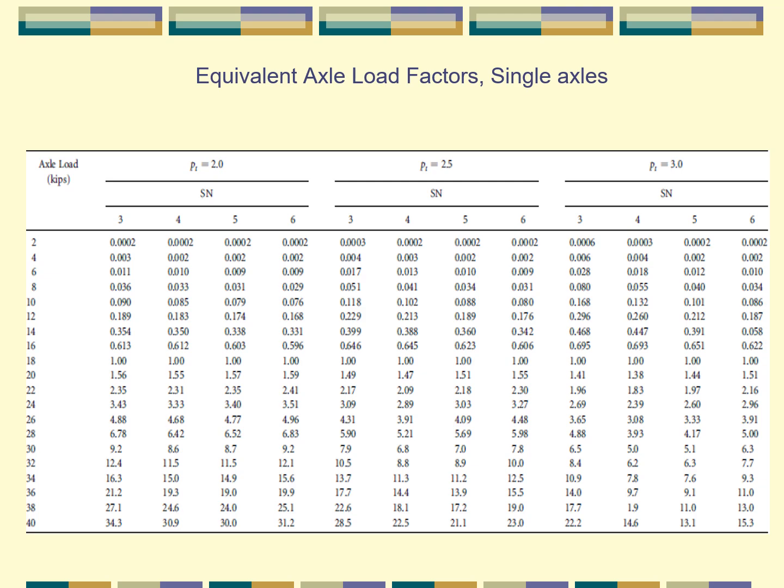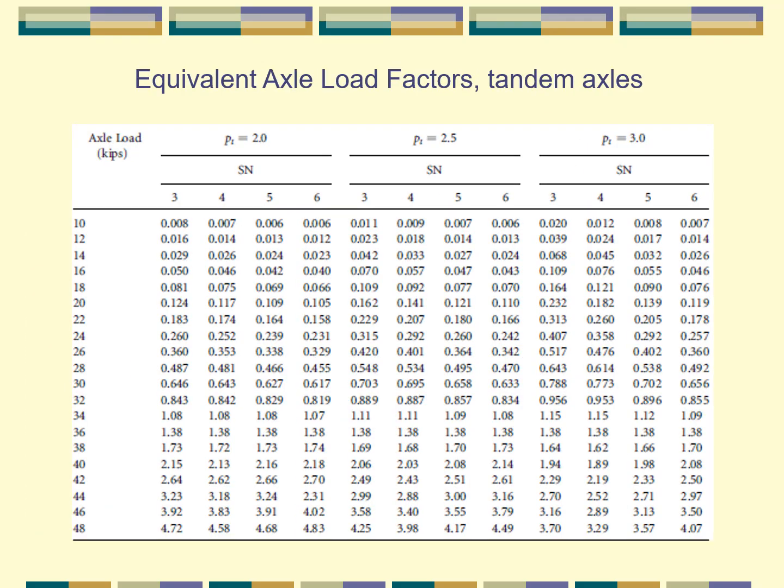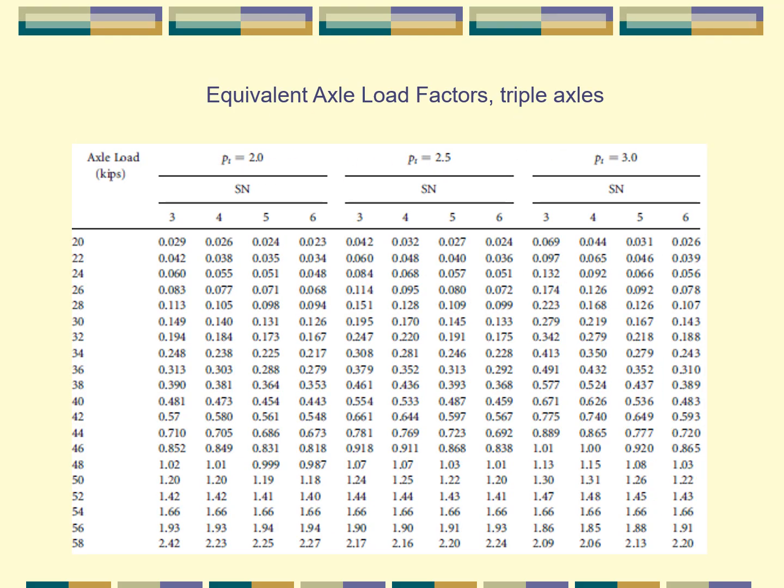And these are the equivalent axle load factors for single axles considering different terminal serviceability indices 2, 2.5 and 3, and these are the structural numbers. And this is the equivalent axle load factors for the tandem axles considering different terminal serviceability indices, and this is for the triple axles.